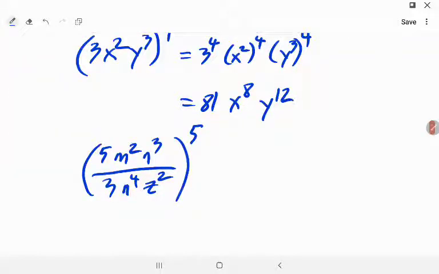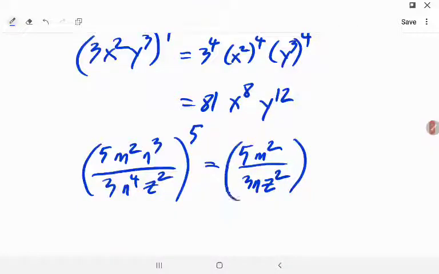We notice that we can actually do a little bit of simplification on the front end. We notice n cubed divided by n to the 4th, so we can write it as 5m squared divided by 3nz squared, since 3 of the n's divide out, and that's to the 5th power.